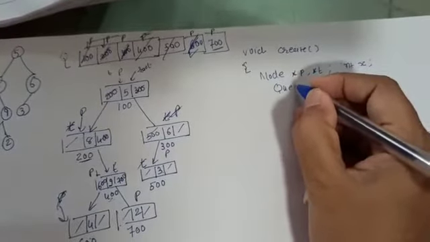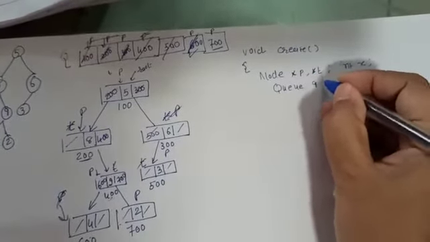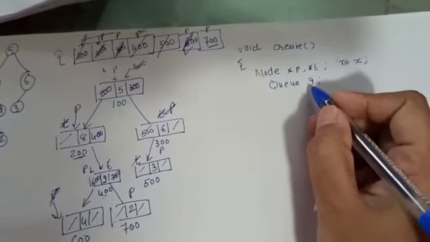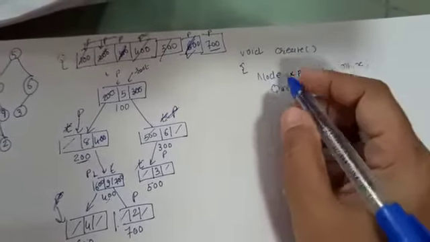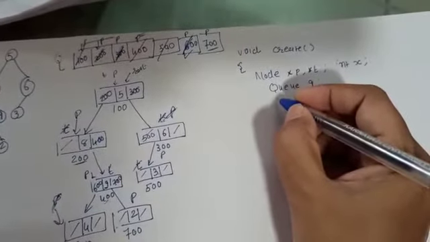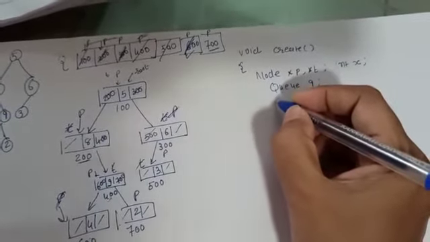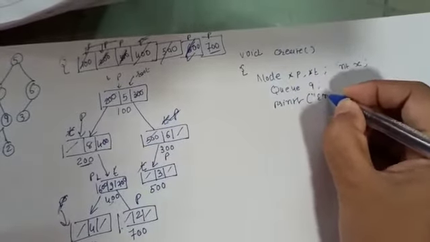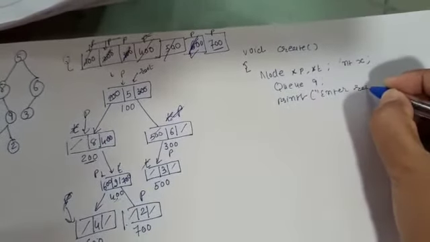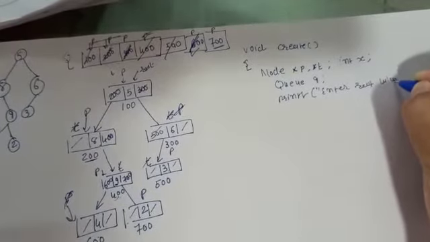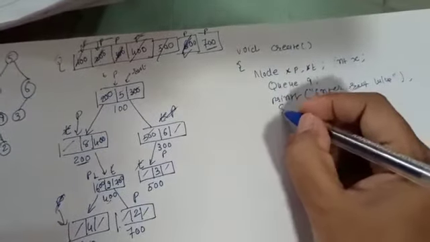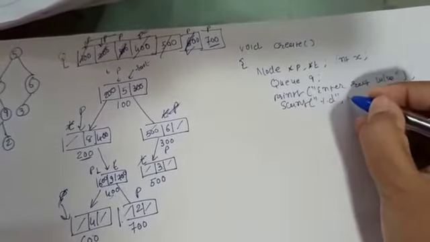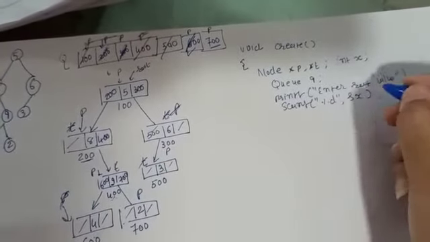You need a Q data structure, so you must have correctly working code of a Q data structure to implement this. Now printf enter root value, scanf %d, &x.